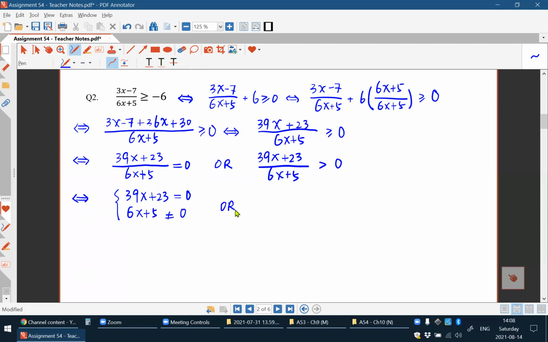For the inequality, if we have a ratio that is greater than 0, this is equivalent to the signs in front of the numerator and denominator being the same. So we can either have both the denominator and numerator greater than 0. That means both of them are positive, or both of them are negative, right?